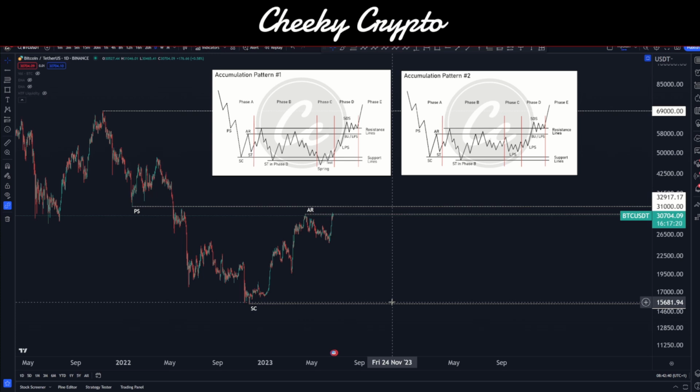So for the most part, I'm not a big believer in the Wyckoff accumulation pattern playing out here. I think there are some other explanations as to what is going on when it comes to BTC. Wyckoff is something that got a lot of popularity back in 2021 when we were in the Wyckoff distribution pattern.